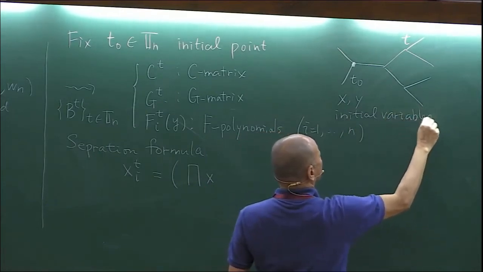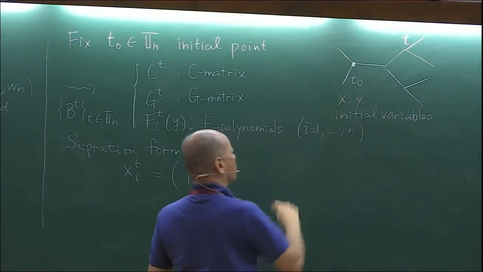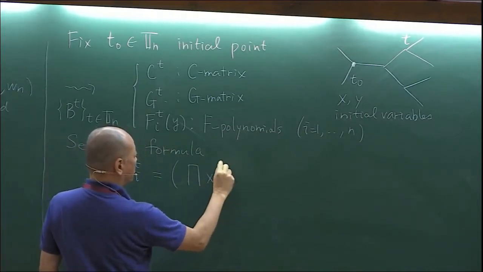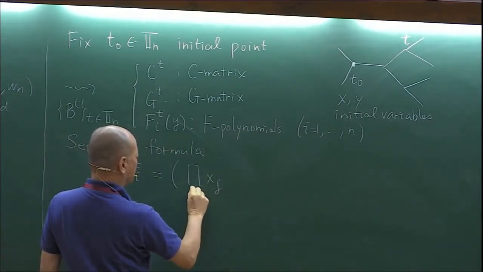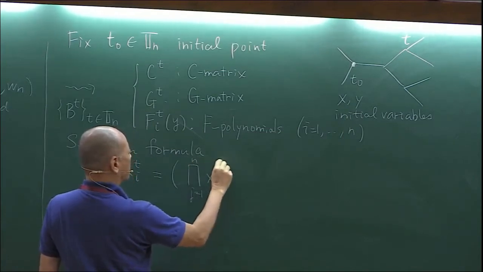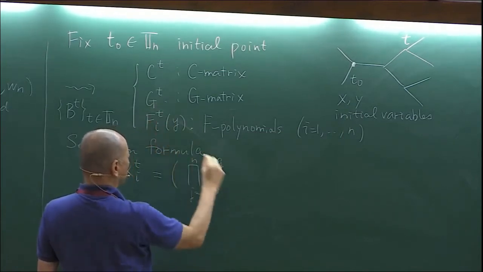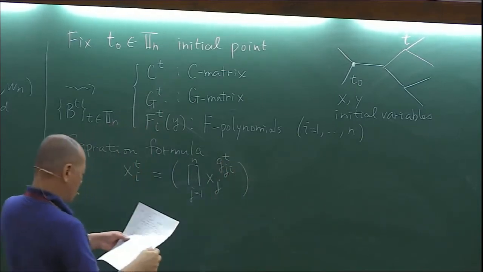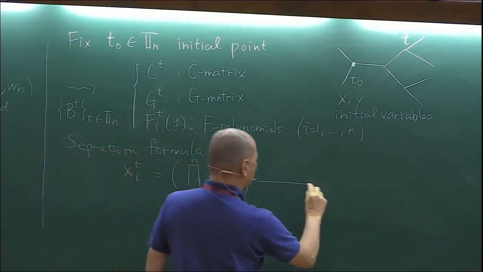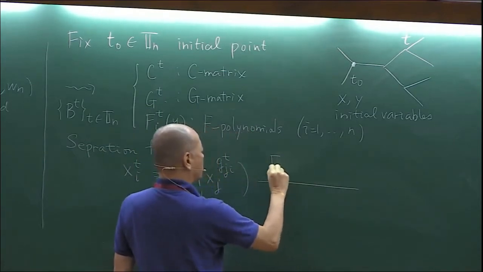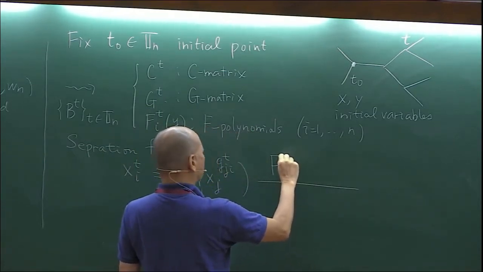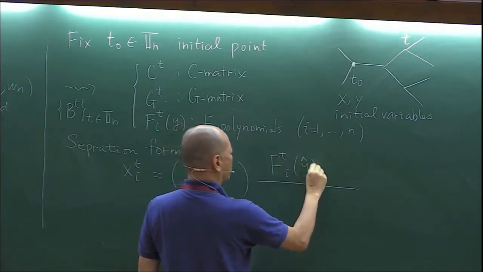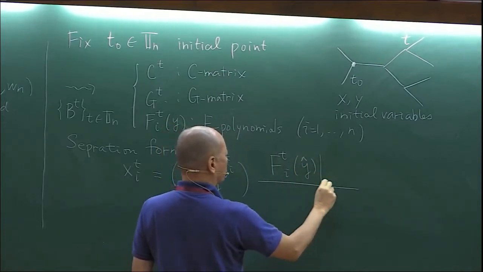I don't write x_{t0} but for simplicity just write x_j. And so we have a monomial given by this G-matrix at t, like this. And we have some last term, which is of course not a simple one, but it is described in the following manner.